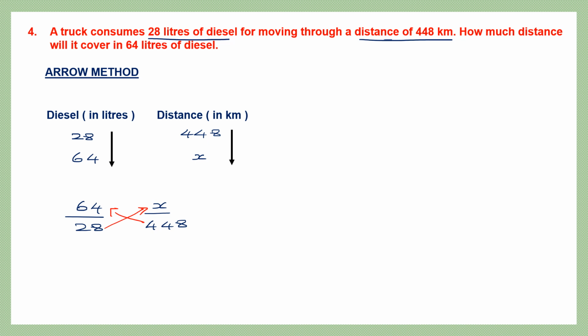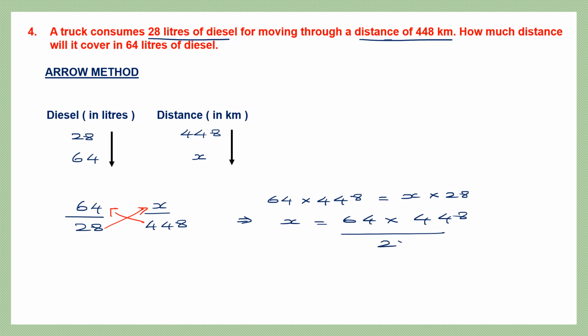So here it is 64 into 448 is equal to x into 28. So this means x is equal to 64 into 448 divided by 28. Now we can cancel 28 and 448. 28 once and 28 into 16.